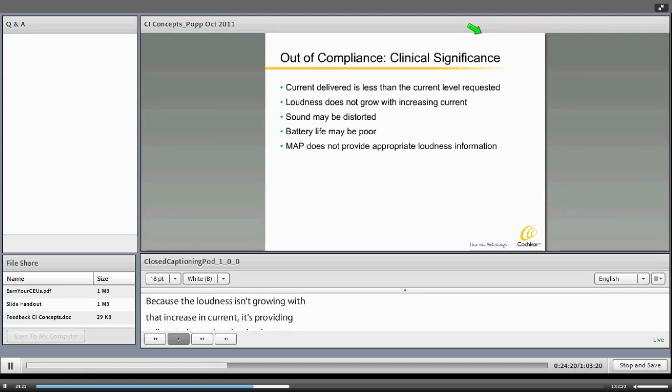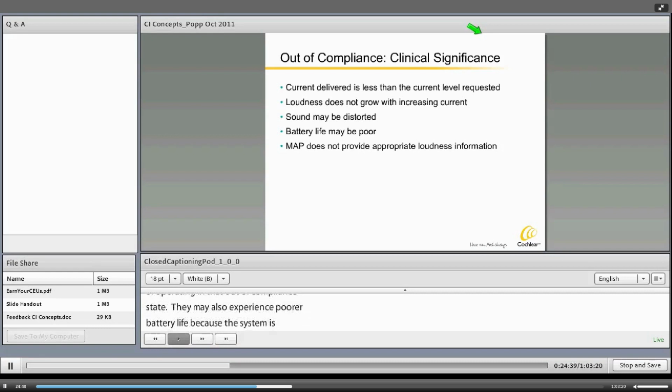Because the loudness isn't growing with that increase in current, it's providing a distorted sound to that implant recipient, and they're not hearing the appropriate changes in loudness because of operating in that out of compliance state.